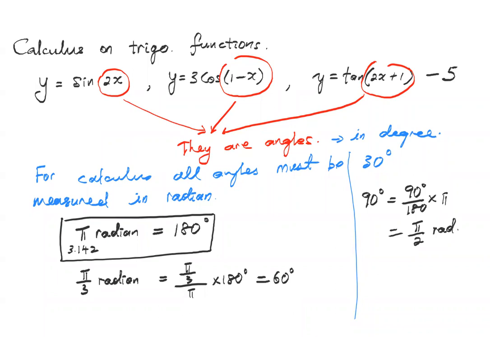Now all angles, I will measure in terms of pi, which means it will be in radian. Or I can just give you a number. Pi is 3.142, so if I give you 3 radian, that means it's more than 90 degrees. So you have to get that kind of sense of angles in terms of radian. Got it?